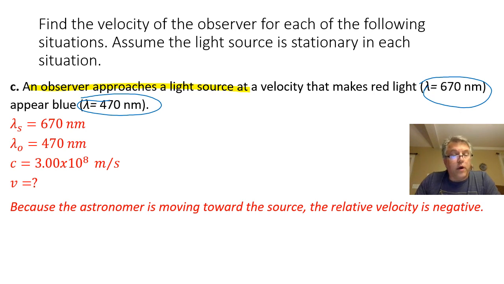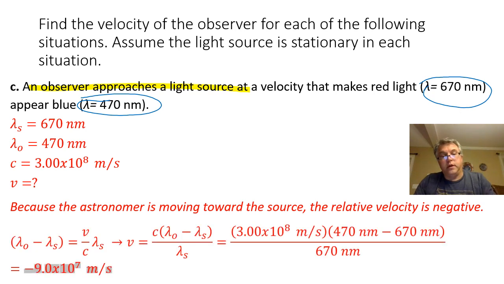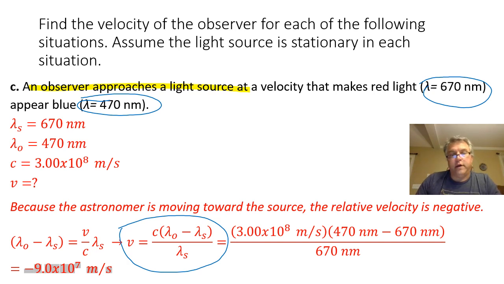So we take our wavelength equation, and as we did before, we solve that for velocity. We plug in our known values for c and our observed and source wavelength. And when we do that, we have a relative velocity between the source and the observer of negative 9.0 times 10 to the 7th meters per second.